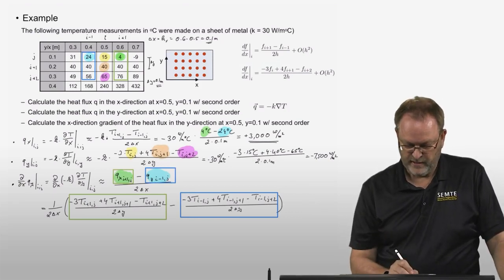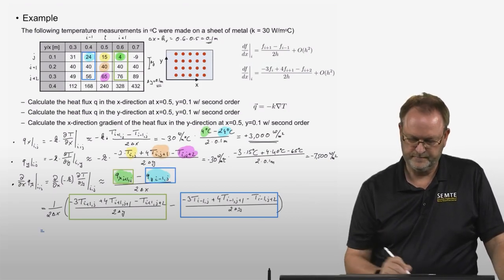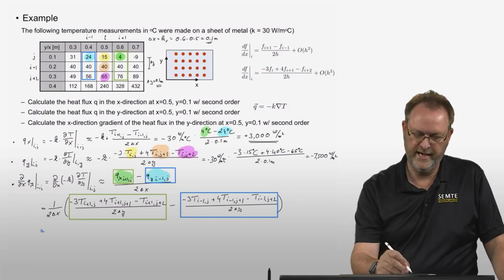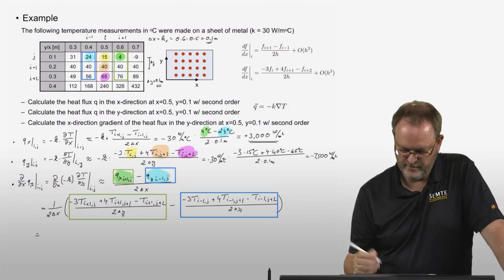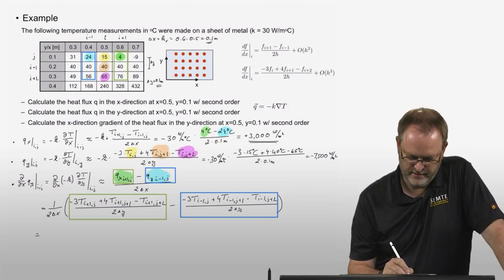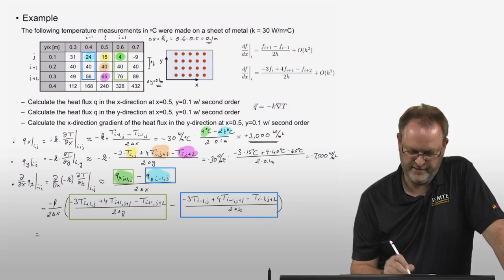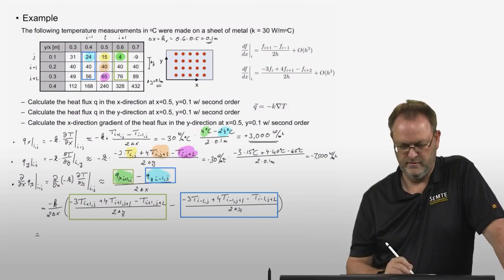Okay, so now it's time to just plug in the values from the table. So we have equal to, and the one thing I forgot in here is the minus k, which I can move in front of the differences.